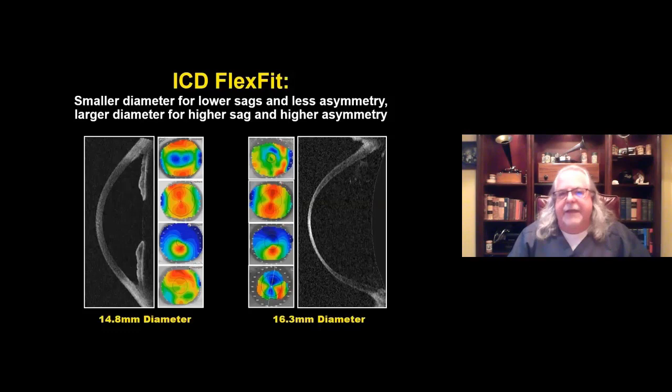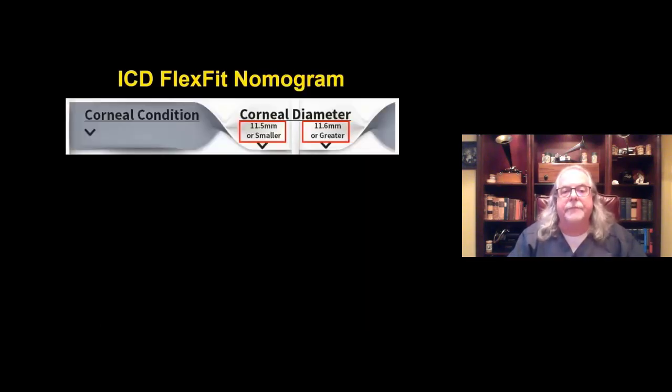Those tangent angles in the periphery that avoid that peripheral tightening, the ability to flex the diameter of the contact lens up and down really gives the clinician a tremendous amount of leeway in the fitting of normal eyes as well as our all-important pathologic eyes.